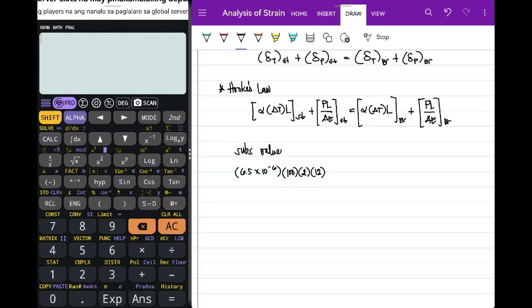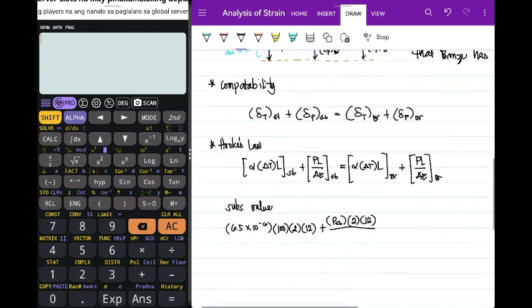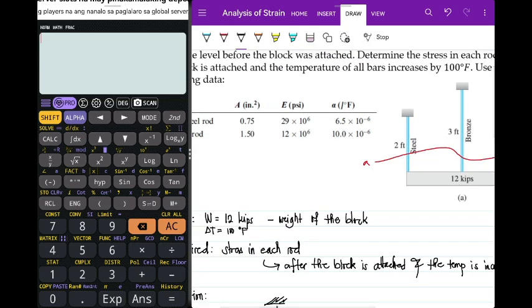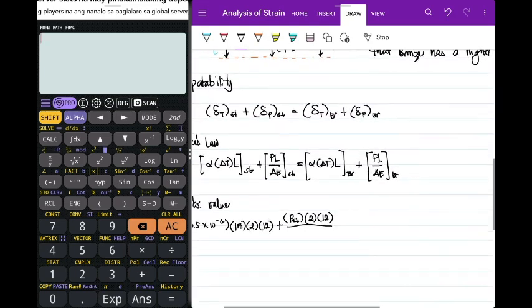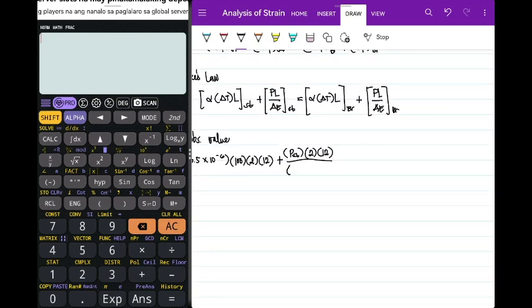For our coefficient of thermal expansion for steel, that's 6.5 times 10 to the negative 6 per degrees Fahrenheit. Oh yeah, by the way, I forgot to write the change in temperature, which is 100 degrees Fahrenheit, times the length of our steel rod, which is 2 feet.